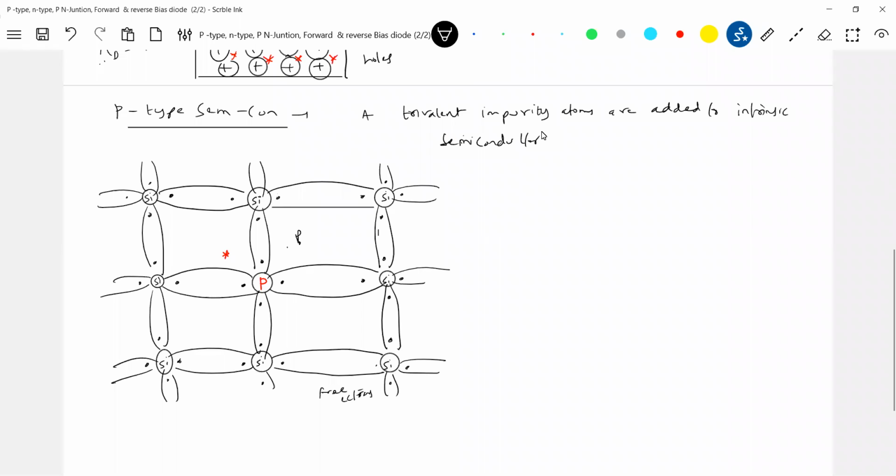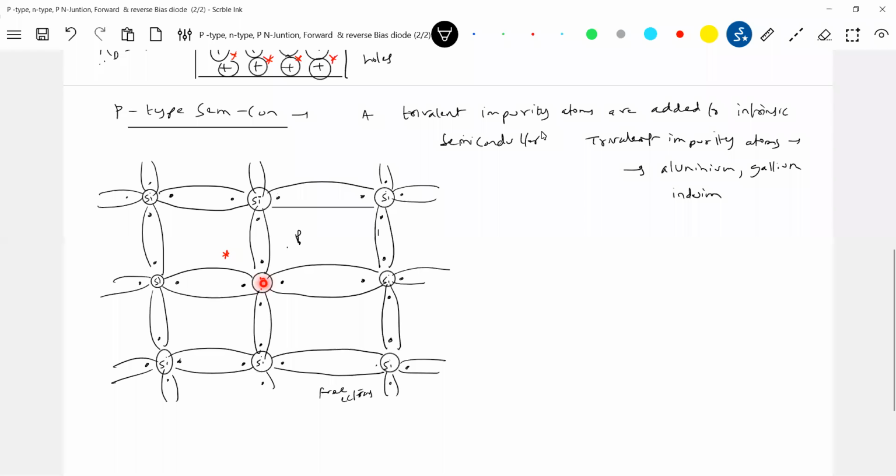What are trivalent impurity atoms? Like gallium, indium, aluminium, all these. So all these will come as trivalent impurity atoms.